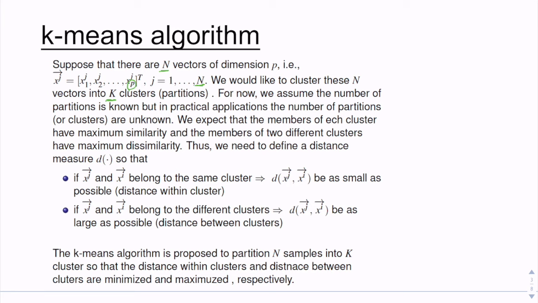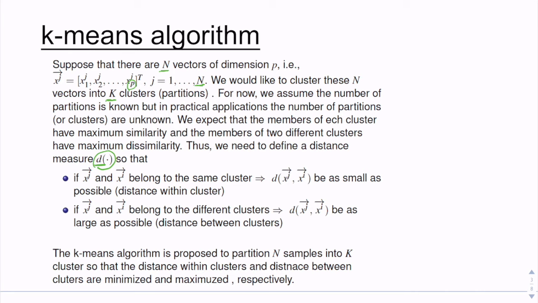So in here we define a distance measure, and we denote it by d. There are many different distance measures when it comes to clustering, but the most popular distance measure is Euclidean distance, which we discussed in detail in linear algebra and also vector analysis.